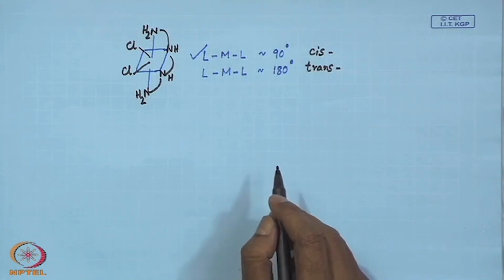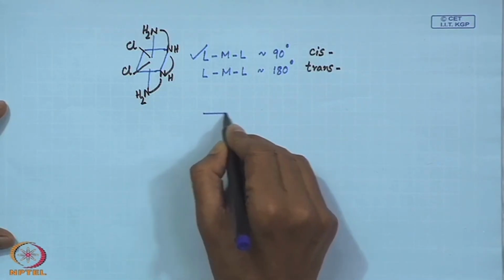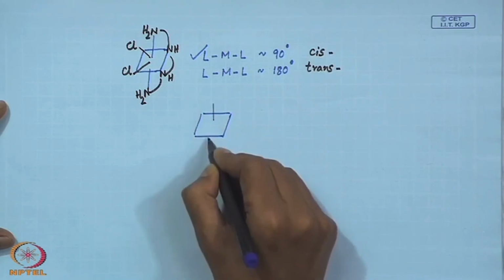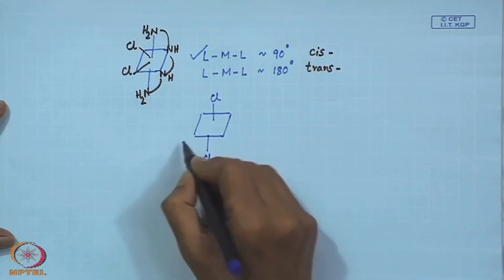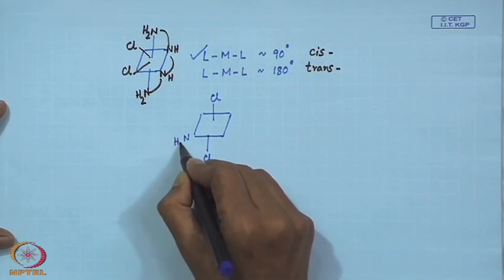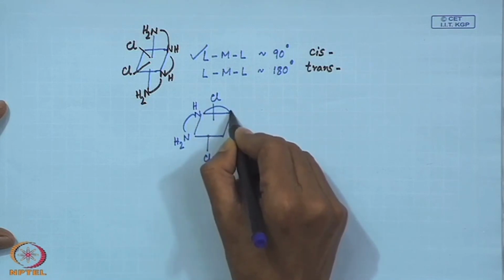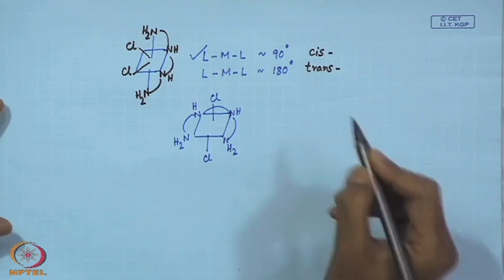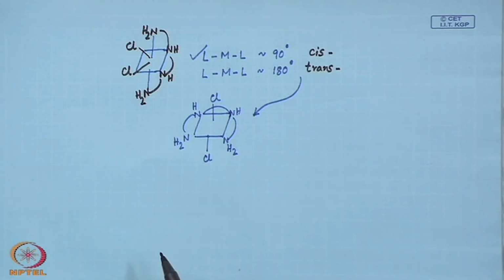And if we are lucky enough to get the corresponding arrangement of these two chlorides as Cl and Cl, and this chelating ligand as NH, NH and NH2, we get this as the corresponding trans arrangement.